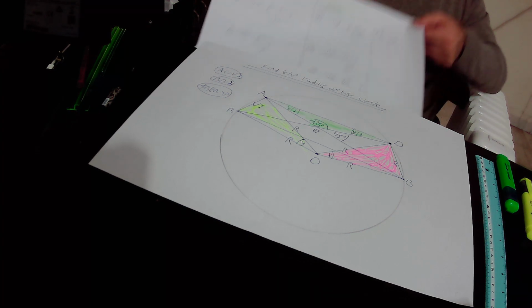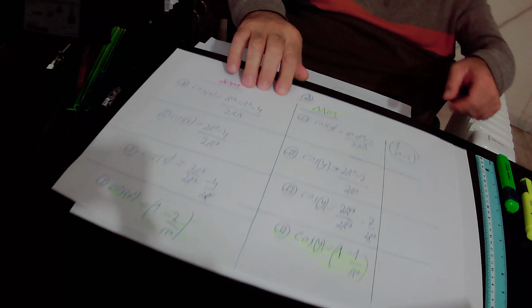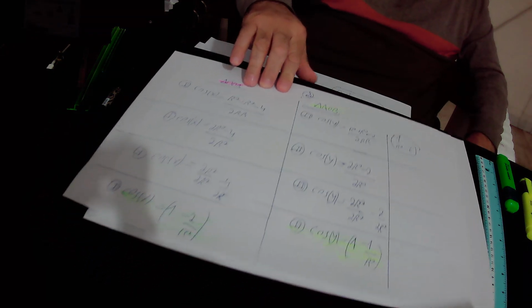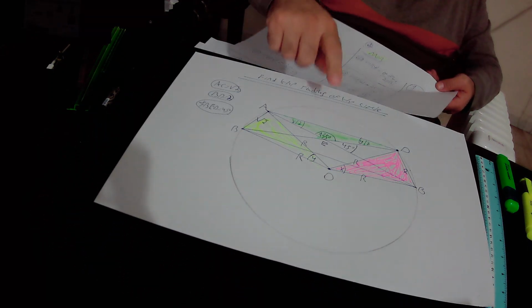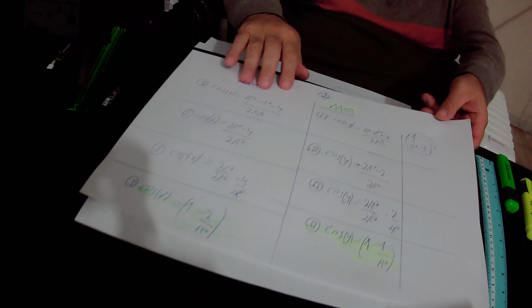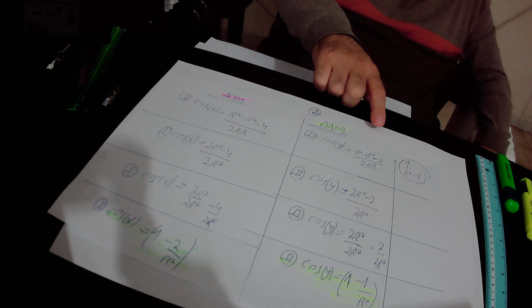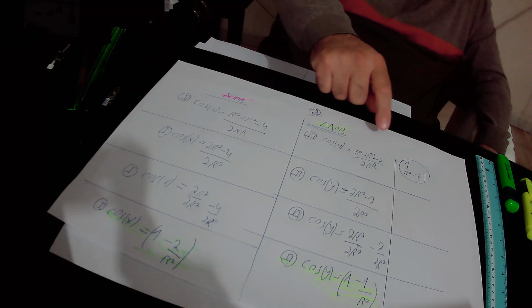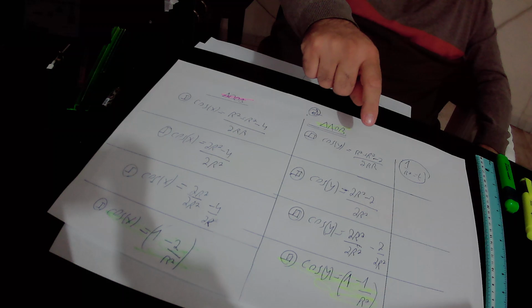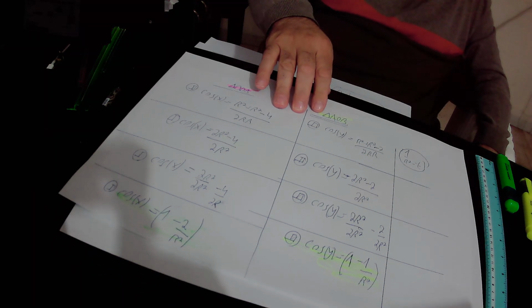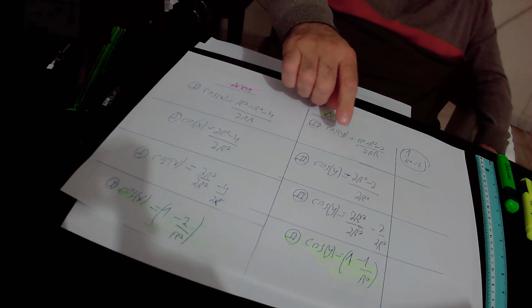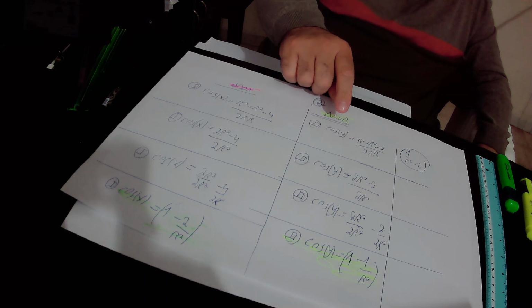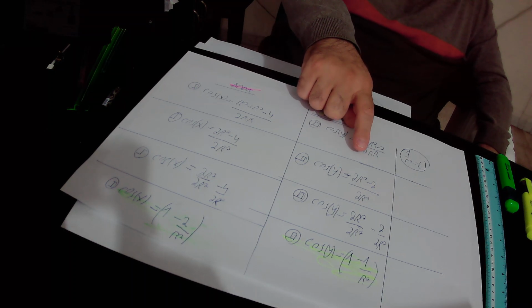Repeat again, in the yellow triangle AOB, according to the law of cosines, cosine y equals r squared plus r squared minus 2 over 2 times r times r. So cosine y equals r squared plus r squared is 2r squared, minus 2 over 2 times r is 2r squared. So cosine y equals, we split this expression into two parts.